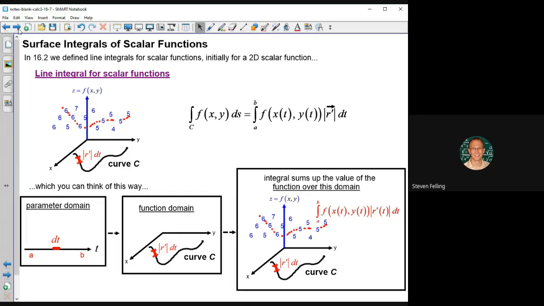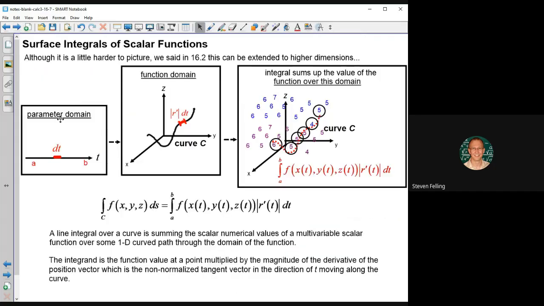And then we ramped it up a little bit and said, okay, you could have a three-dimensional domain. We still parameterize this 3D space curve using a single parameter t. And then we could go a distance dt in the parameter domain, and the distance along the space curve would be the magnitude of the direction vector, so the magnitude of r prime dt.